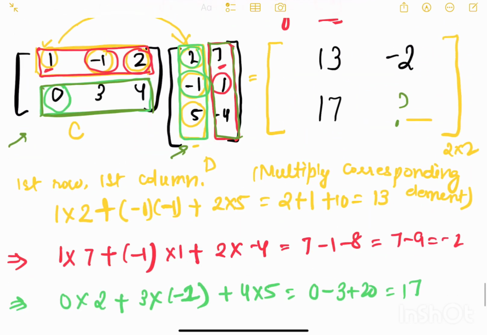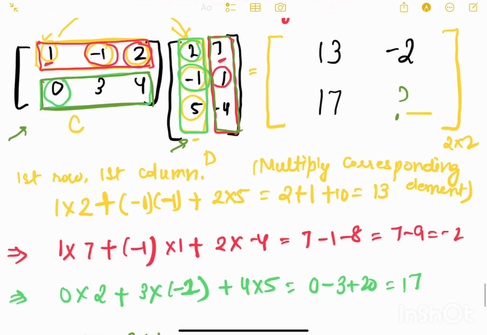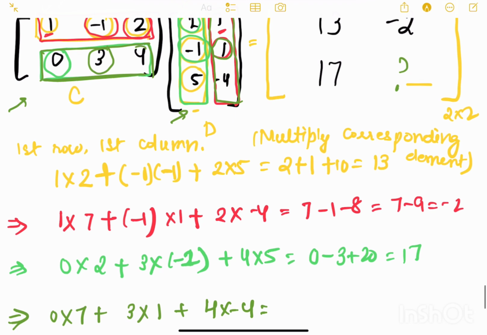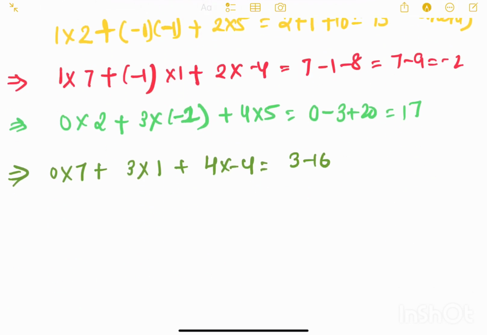So the first element is 0 here and my first element of the second column is 7. So 0 into 7 plus 3 into 1. Why? Because the second element is 3 and the second element here is 1. So 3 into 1 plus 4 into minus 4. Why? Because I have 4 and here I have minus of 4. So after solving this, I have minus of 13.